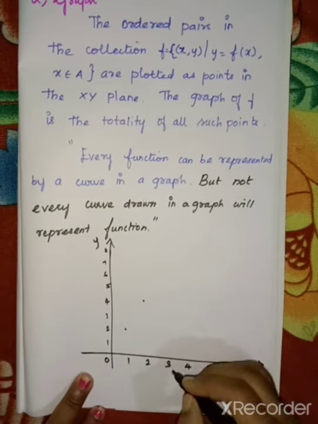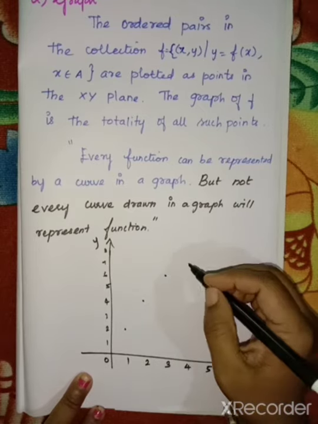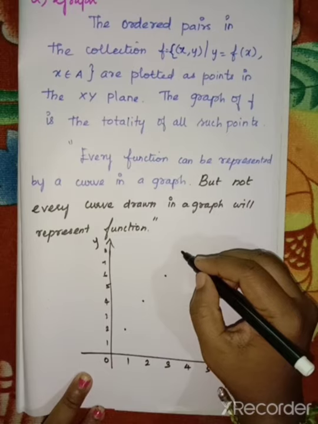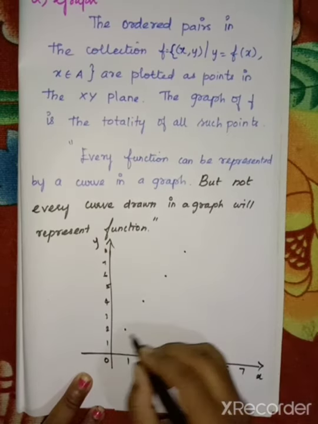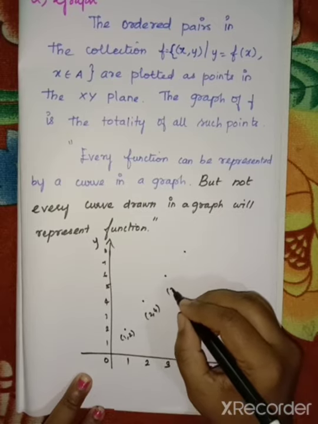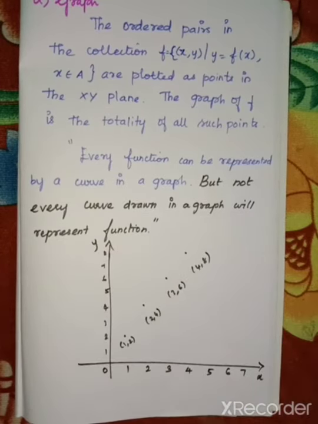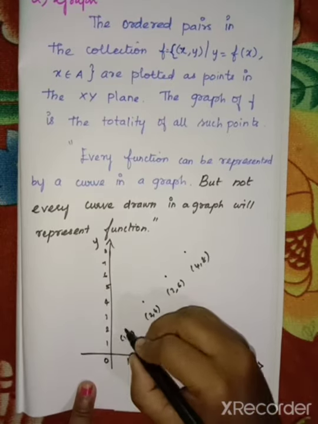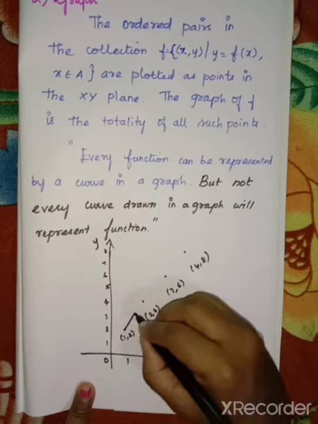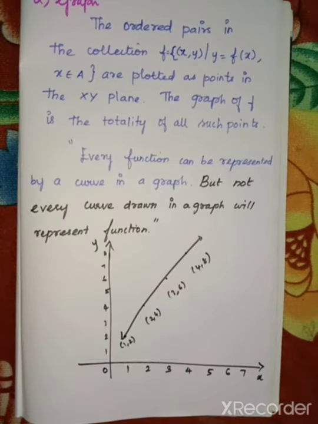So just you have to point out 3, 6, 4, 8. So just you have to mention 1, 2, 2, 4, 3, 6 and 4, 8. Likewise you have to mention them, then you have to join the points. That's it for the graph.